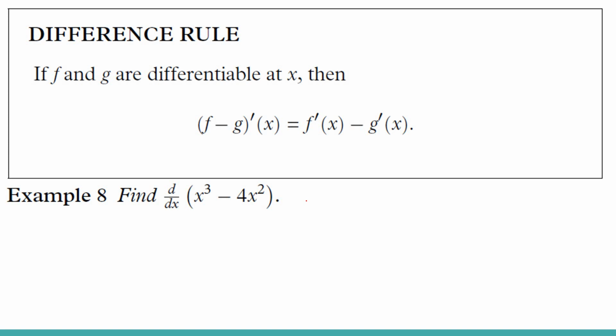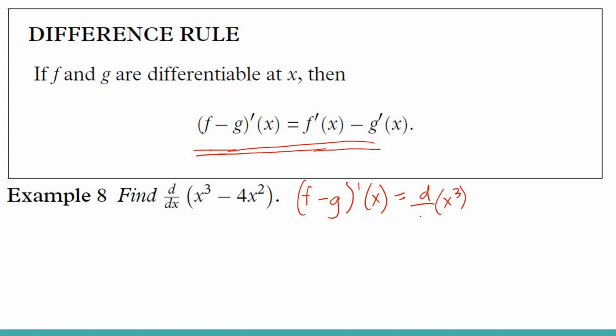In the example of the sum rule, I didn't use the formula given, so I will be using this formula: f minus g prime of x equals the derivative of x cubed with respect to x minus the derivative of 4x squared with respect to x.